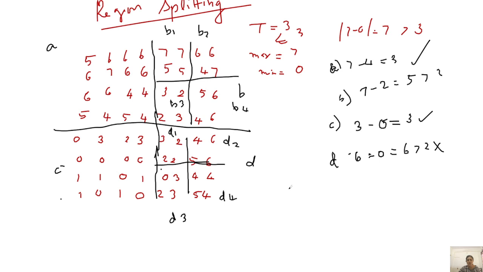To merge the regions, first I am checking A and B1. When I compare A and B1, what is the maximum pixel? 7, right?